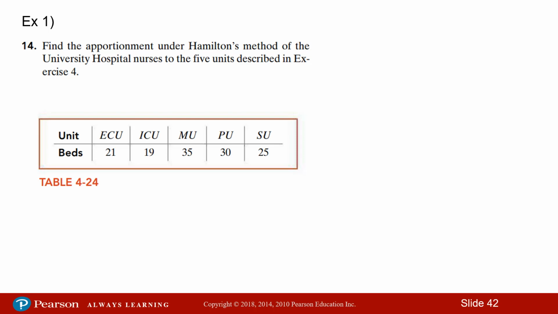So we're not getting enough numbers here. Okay, so there are 250 nurses working in the 5 units, and they are apportioned to the units based upon the number of beds in each unit.